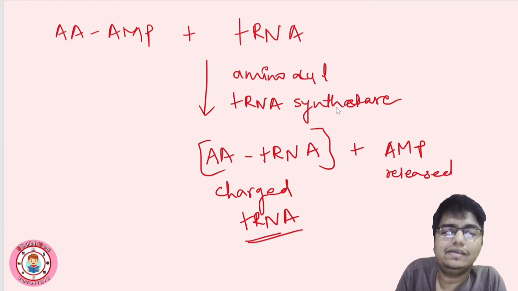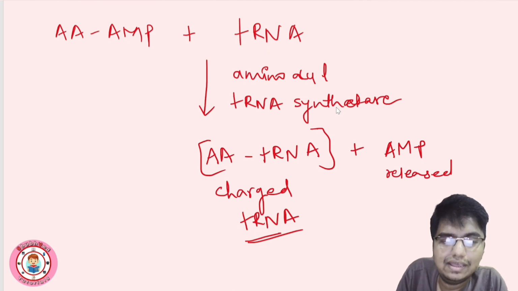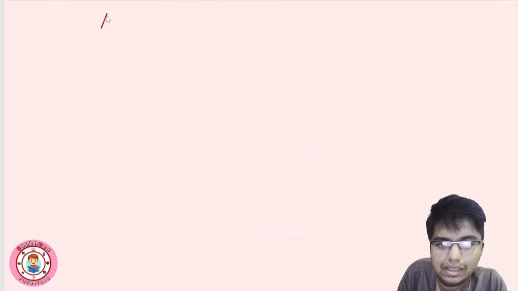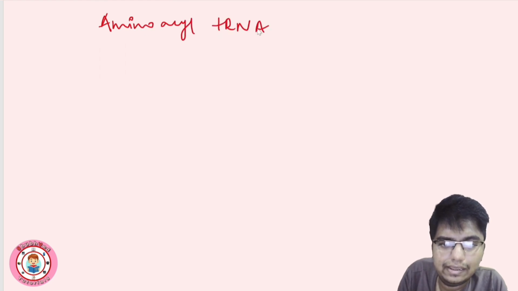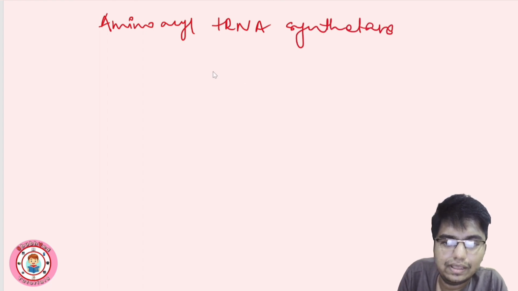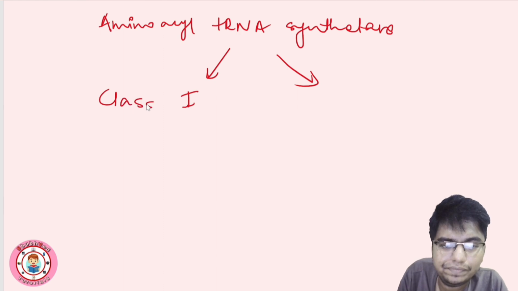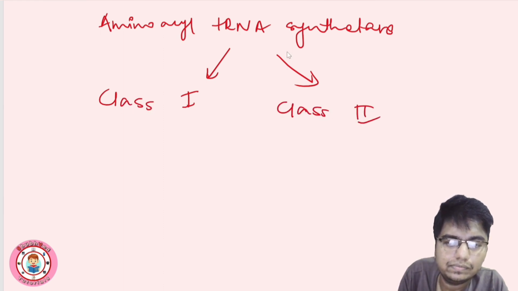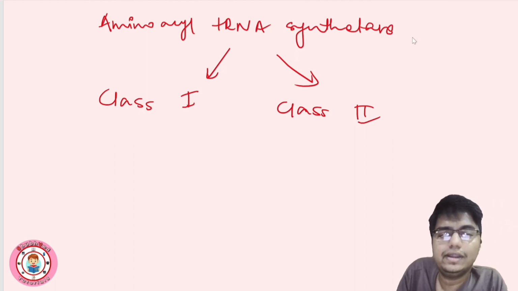So now we will discuss these enzymes. Aminoacyl tRNA synthetase. These enzymes have 2 types, okay, class 1 and class 2. Got it?